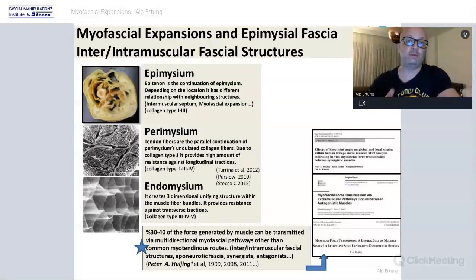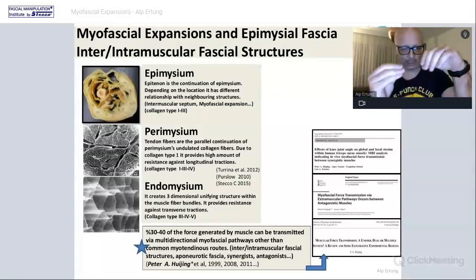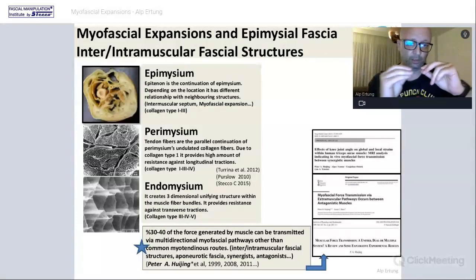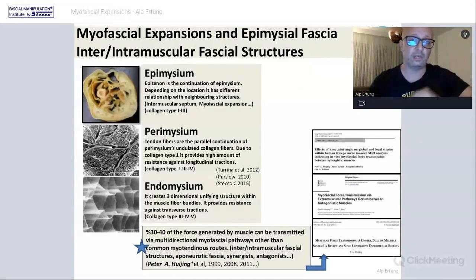Myofascial expansions and epimysial fascia. As we know right now, the myofascial expansions are the connections between aponeurotic fascia and muscle and tendon structures. So the muscle creates this connection between its epimysium and the aponeurotic fascia with the help of these myofascial expansions, and they have specific areas where they make these connections.